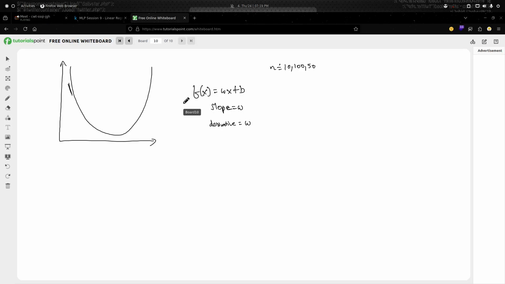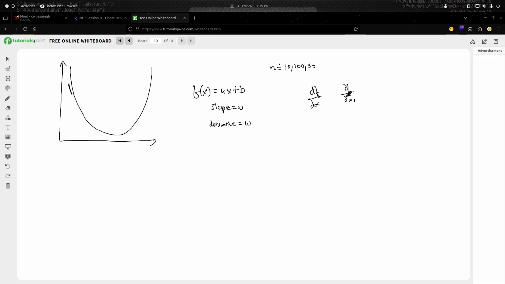Normally we write the derivative in one way, and for the partial derivative we use this symbol. It is a Greek alphabet; I forgot what we call it. This basically represents the partial derivative.